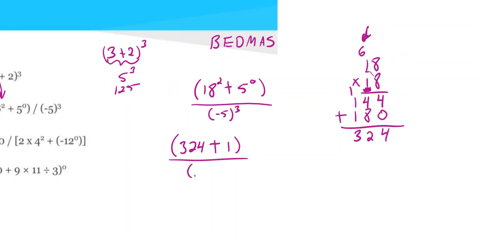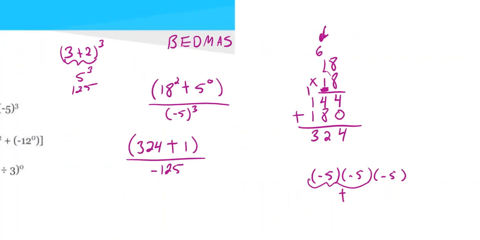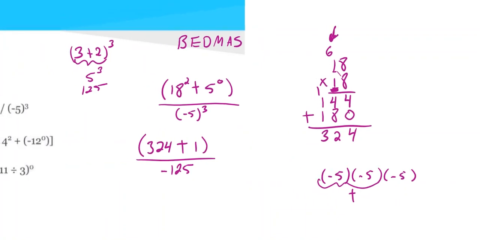The question was, why is it still negative? Because it's in brackets. Actually, this one would have come out negative either way. We've got negative 5 times negative 5 times negative 5. Negative times a negative is a positive, and a positive times a negative comes out negative. Remember how any odd exponent is going to come out negative if it's negative to begin with?